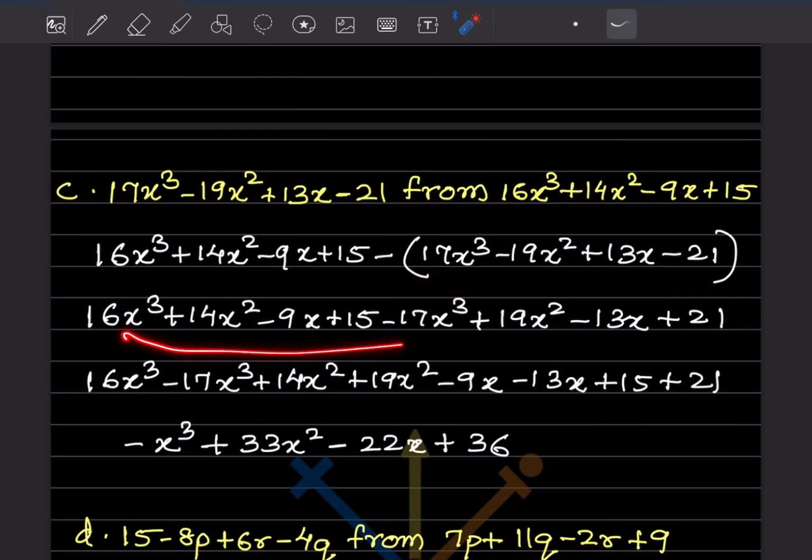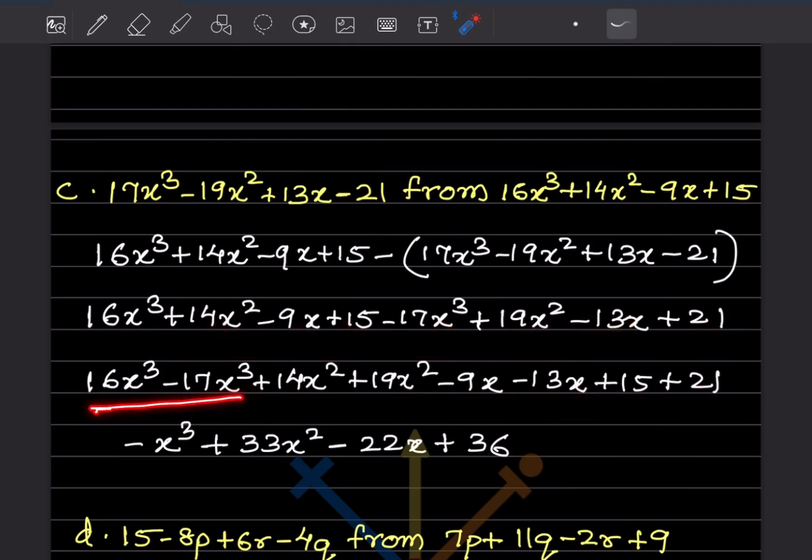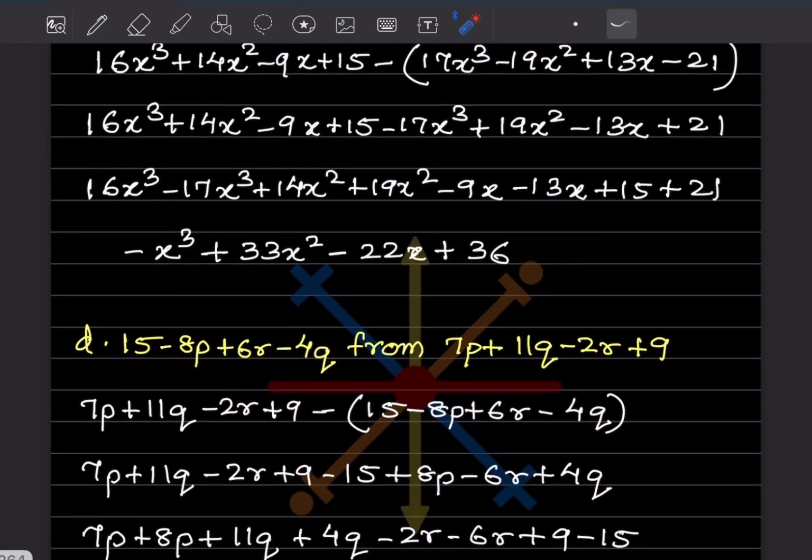So this is going to be together here, this together here, this together here, and this together here. So this will be plus 16 minus 17, so minus x cubed, plus 14 plus 19, that is going to be plus 33, minus 9 minus 13 is going to be minus 22, and plus 15 plus 21, that is going to be plus 36.